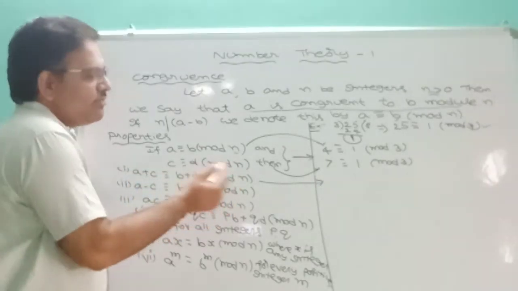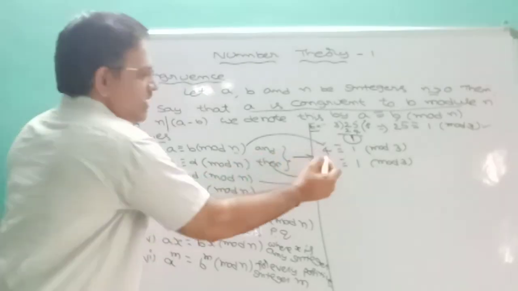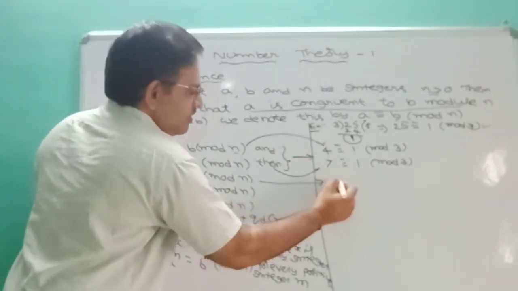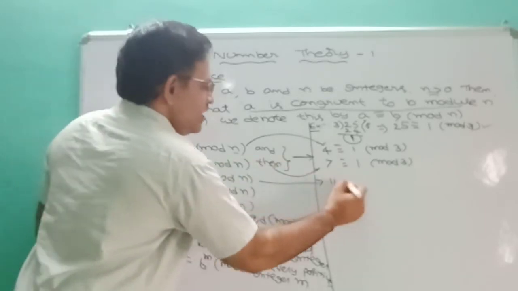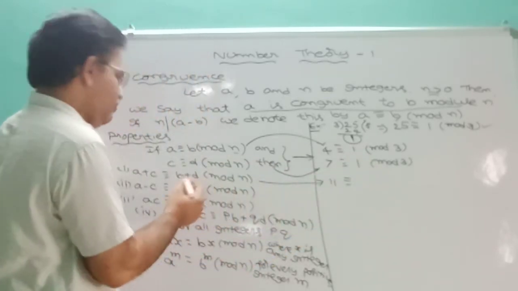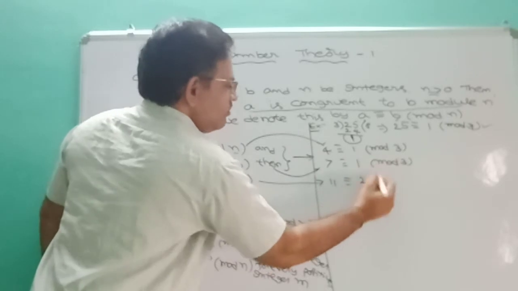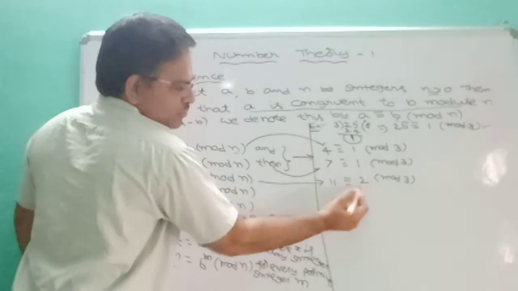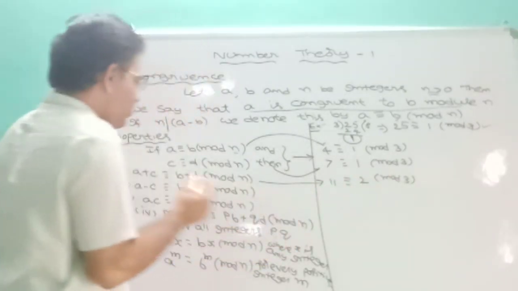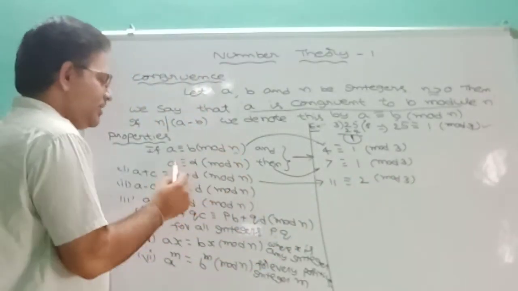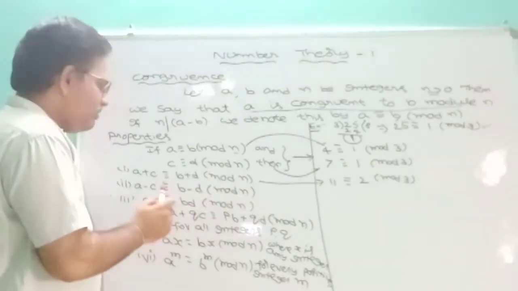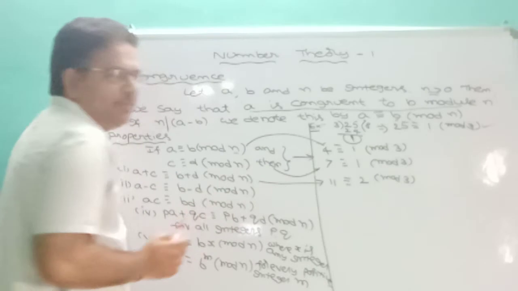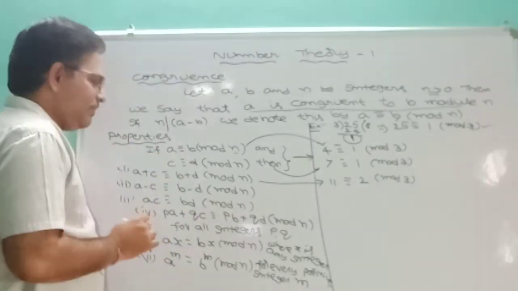Check whether it is true: a plus c is 7 plus 4, 11, is congruent to 1 plus 1, 2, mod 3. Is it true? 11 minus 2 is 9, and 9 is divisible by 3. So a is congruent to b mod n and c is congruent to d mod n, then automatically a plus c is congruent to b plus d mod n. First property proved.